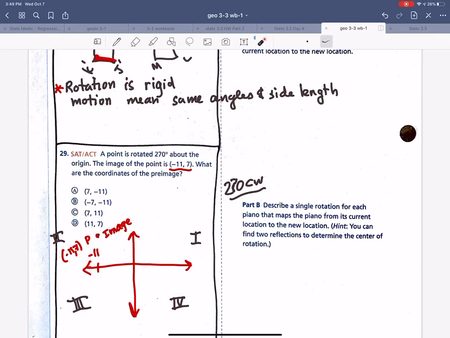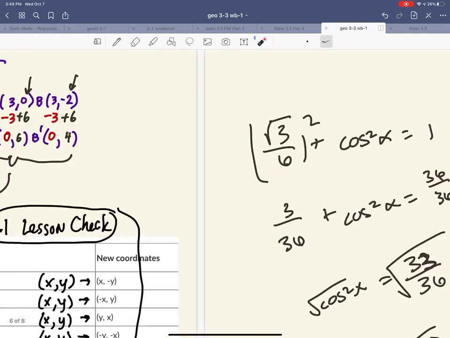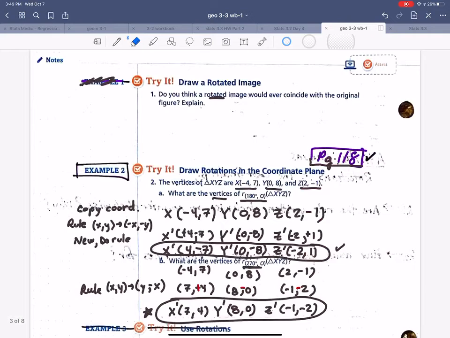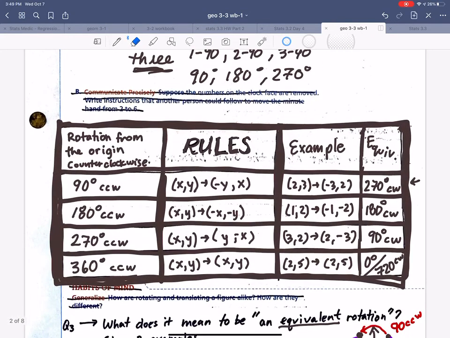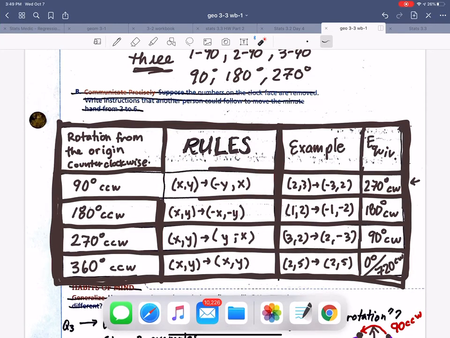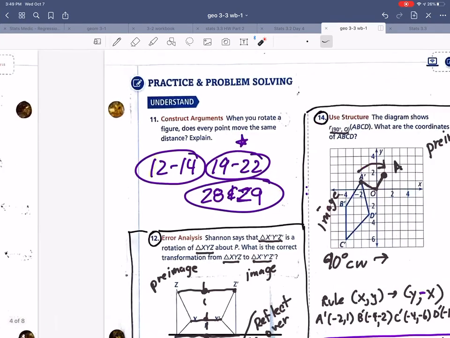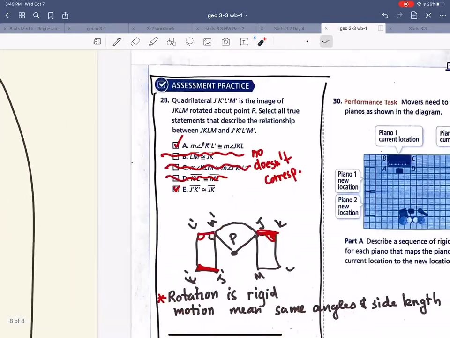So what is my rule? A 90 degree clockwise, I should have written down the rule when I was back here. Yeah, 90 degree clockwise, this is my rule. So I switch the X and Y, and the Y is negative.